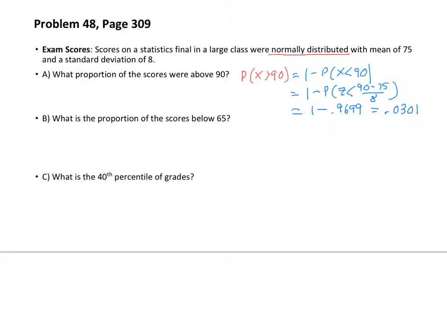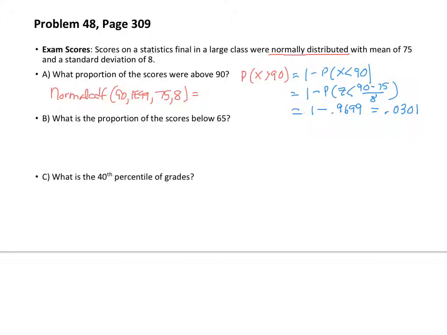And so we can also do this using the calculator, and how we would do that is the normal CDF. We'd start out at 90, we would go to 1E99. We have a mean of 75, and of course it's 8. And we probably should get about the same answer.